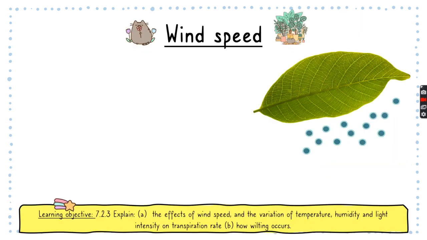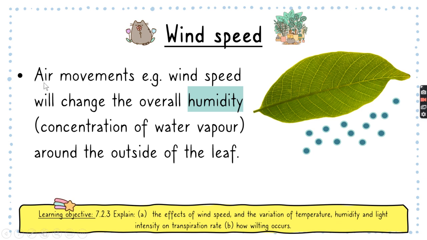So firstly, let's look at wind speed. Air movements, for example wind speed, will change the overall humidity. Humidity means the concentration of water vapor, and air movements or wind speed will change the overall humidity around the outside of the leaf. So we're looking at over here, outside of the leaf.